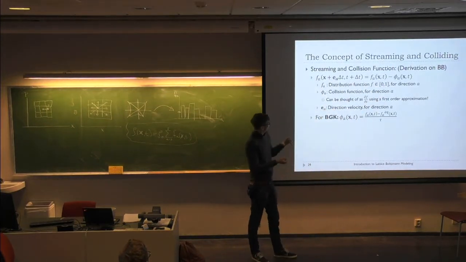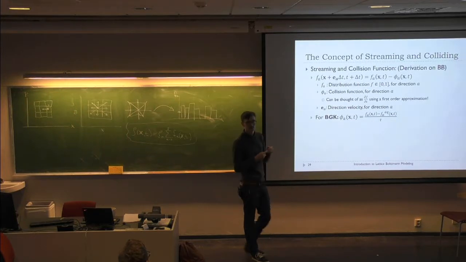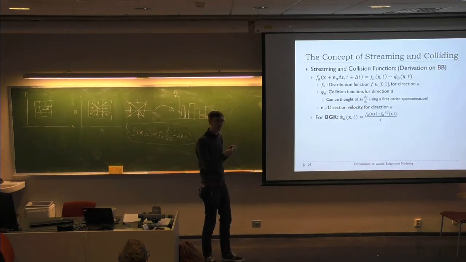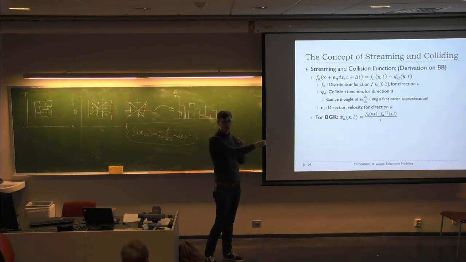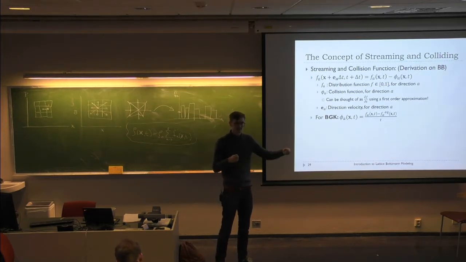So the distribution at the neighboring point is going to be the distribution at the previous point in that direction. And here, just to specify, this e is the unit velocity, or the lattice velocity, to take you from one lattice point to the next point in that direction. So when you multiply it by delta t, you're just going to get to the next lattice point.